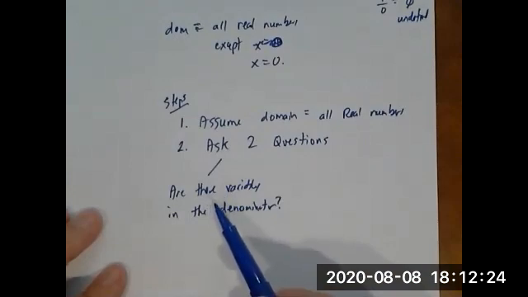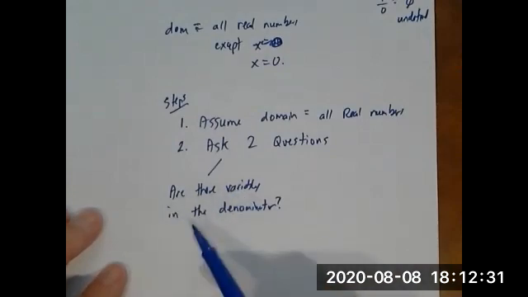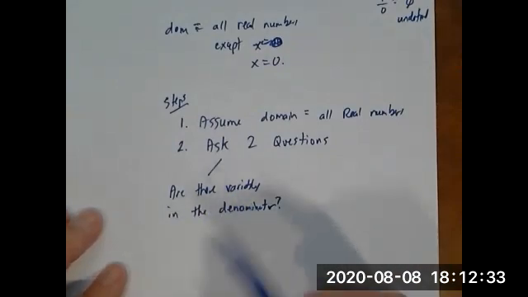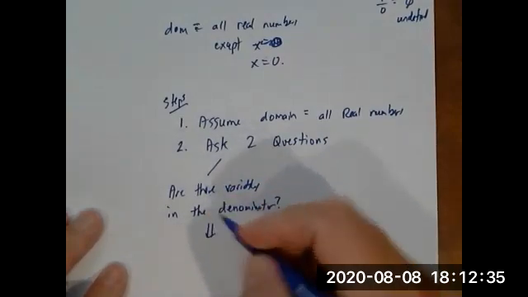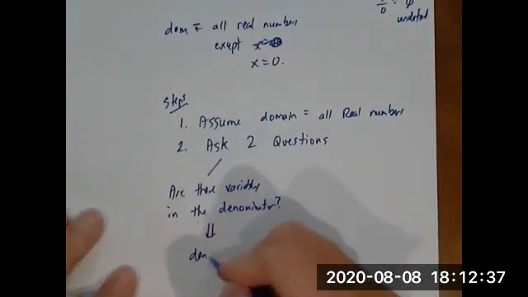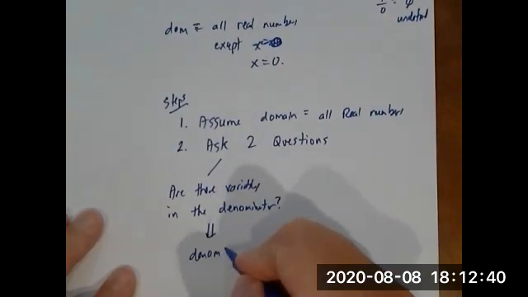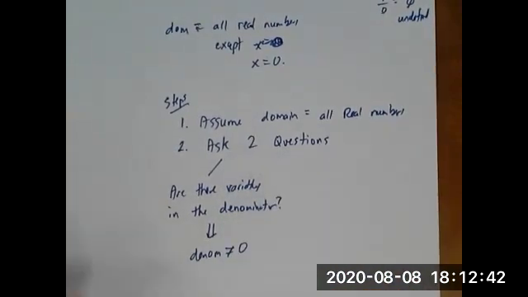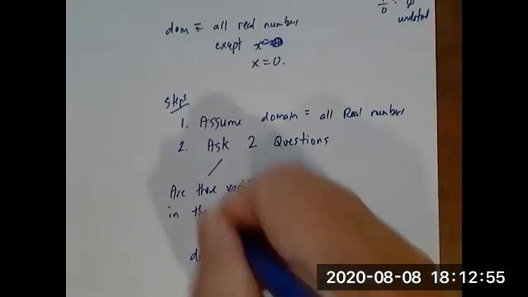If there are, then we have to check that out. And why do we need to be concerned with variables in the denominator? Because we got to make sure the denominator can never equal 0. If you have variables in your denominator, it's probably possible that certain values for x could cause your denominator to be 0. We can't let that happen. So we have to take this into account.